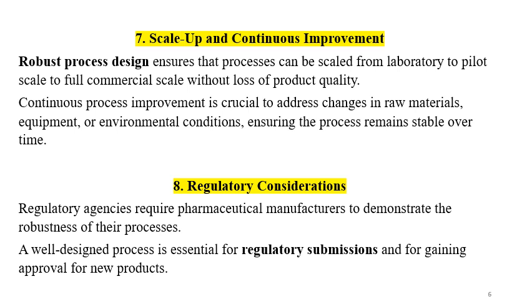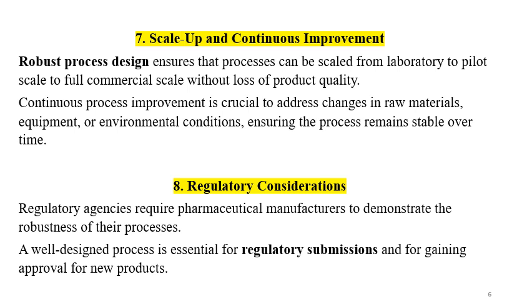Robust process design ensures that processes can be scaled from laboratory to pilot scale to full commercial scale without loss of product quality. And it is very much required that the product quality is ensured. Continuous process improvement is critical to address changes in the raw materials, equipment, or environmental conditions, ensuring the process remains stable over time. Regulatory considerations.